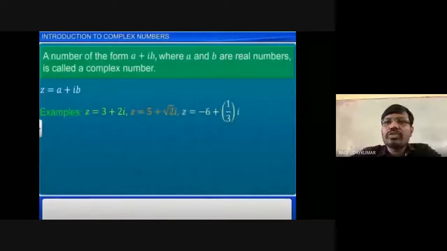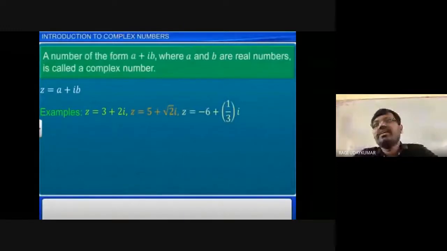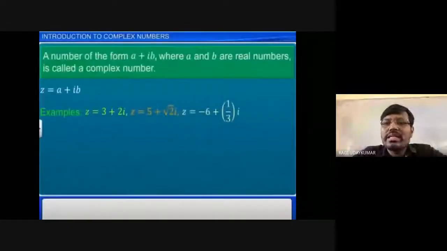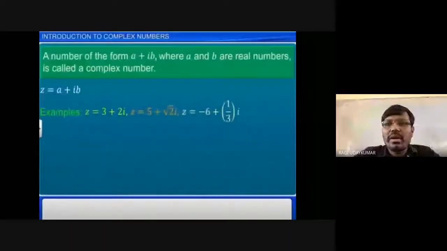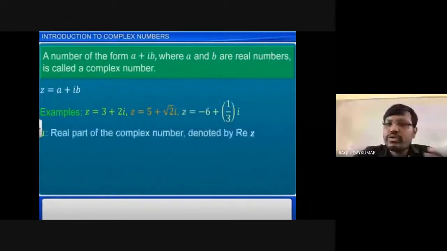Okay. So a number of the form a plus ib, where a and b are real numbers, is called a complex number. Such a number is called a complex number. What is meant by i here? i is nothing but under root of minus 1. So here examples are z equals 3 plus 2i and 5 plus root 2 i.